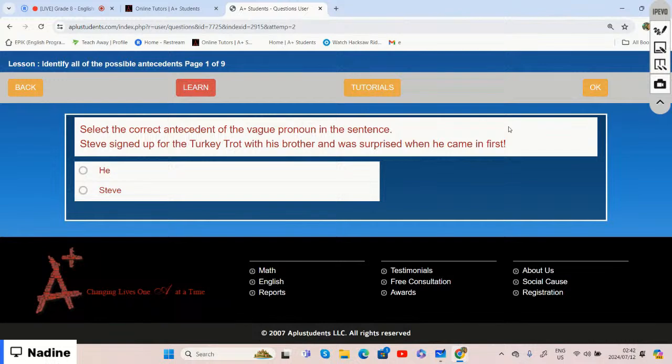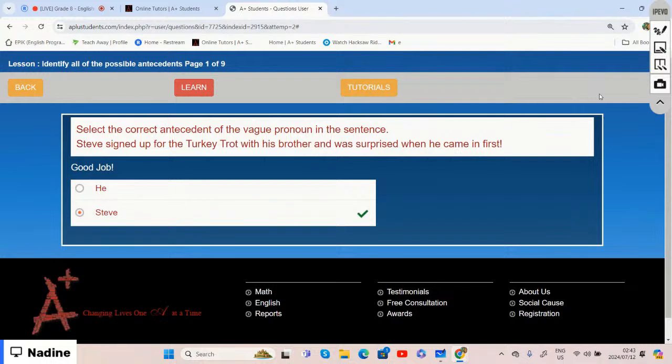Is it he or is it Steve? Remember the antecedent, not the pronoun. And remember, we said that the pronoun takes the place of a noun. And if we were to choose the antecedent, then it's going to be Steve.